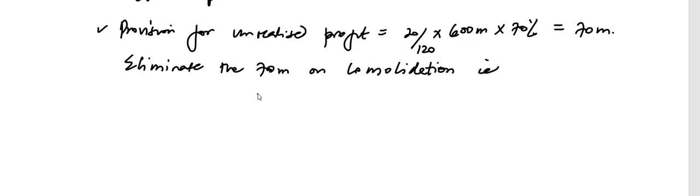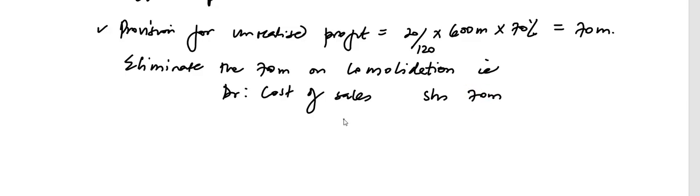On consolidation, what do we do? We have to debit the cost of sales by shillings 70M, and then we have to credit inventory shillings 70M.